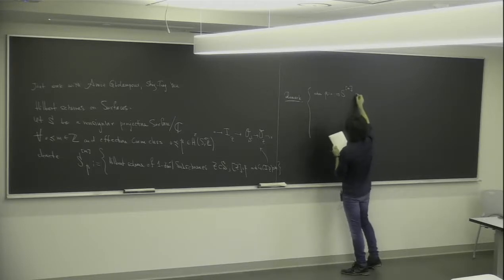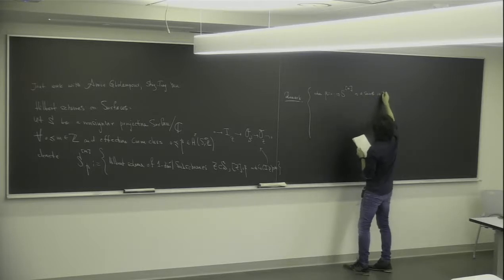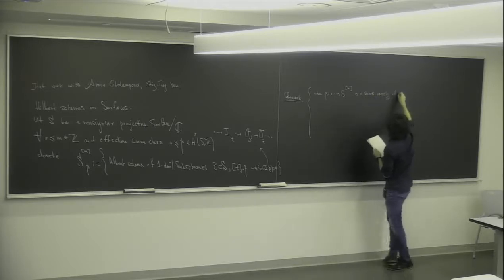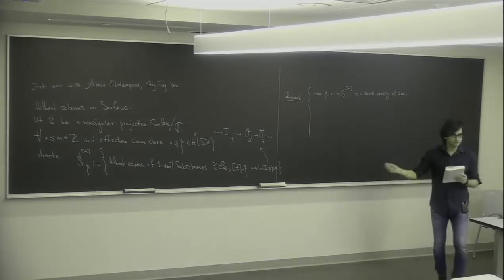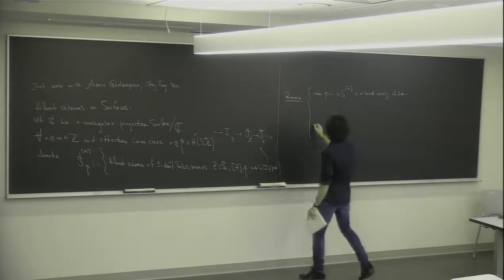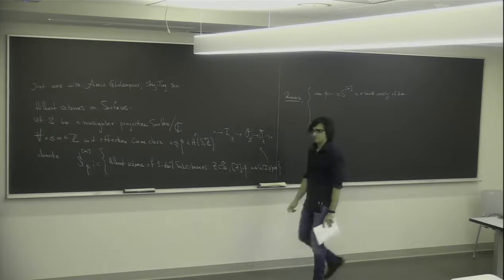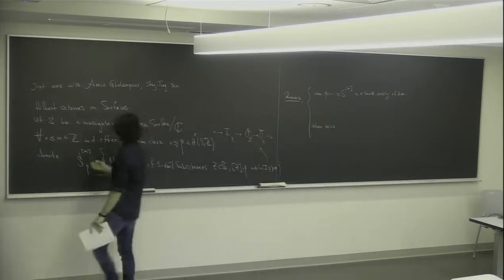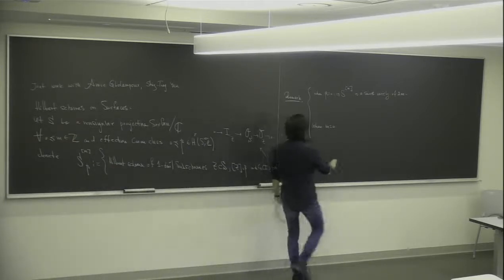S^[m] is a smooth variety of dimension 2m. This is the work of Mukai, and many others have confirmed this. And when m is equal to 0, this is a specialization of the Hilbert scheme of points and curves to the Hilbert scheme of curves.